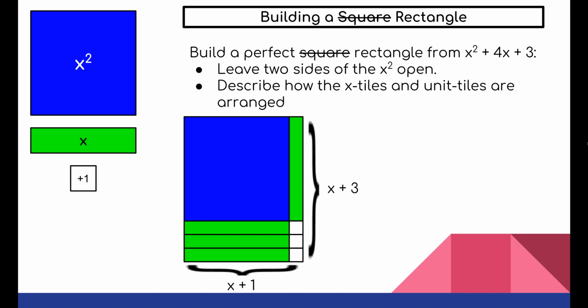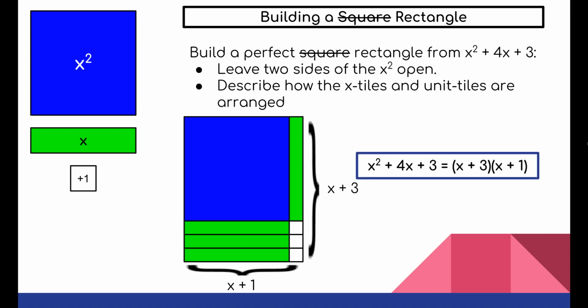We have one whose side length is an x tile and one unit tile. We also have a side length of one x tile and 3 unit tiles. So that we have that the square of x plus 4x plus 3 is the same as a rectangle with the dimensions x plus 3 by the dimension x plus 1.